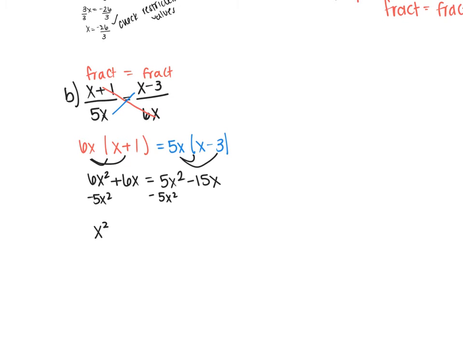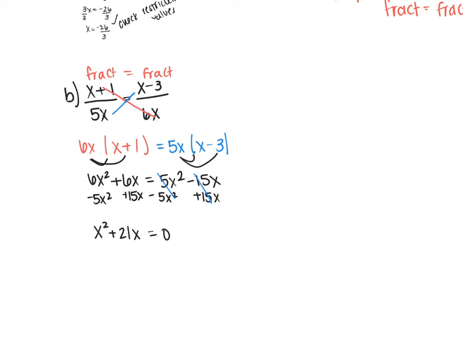And then I'm also going to add 15x, which will give me x squared plus 21x equals 0 because everything over there canceled.